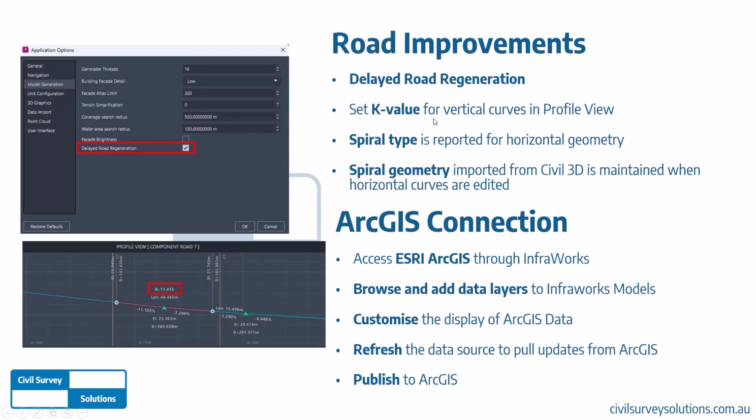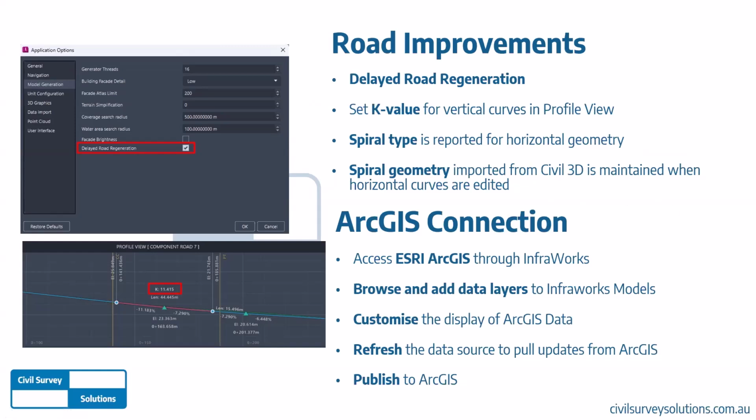And we also have the ability now to set K values on vertical curves. The other useful thing is that if you're bringing in horizontal geometry, so alignments or corridors from Civil 3D, the spirals are now going to be maintained as spirals. Previously, they had been converted, but now they do maintain those.